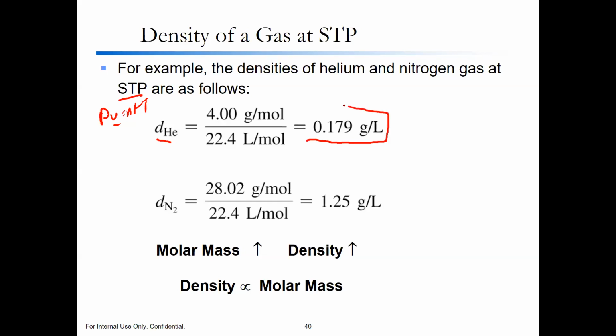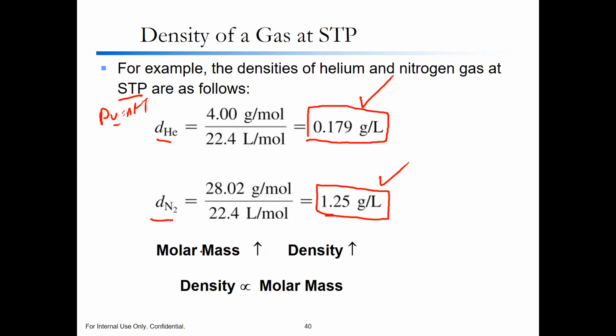This is the density of helium, theoretically. Then we'll go in the lab, and we could determine the density of helium, and that matches up with the theoretical number. The density of nitrogen: molar mass of nitrogen is 28 divided by 22.4, 1.25 grams per liter. And when we go in the lab, that happens to be correct.